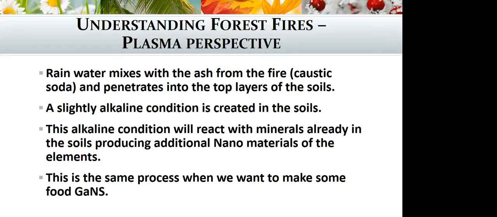This alkaline condition will react with minerals that are already in your soil, producing additional nanomaterials of your elements. This is the same process we use to make food GANSes: we have to create the nanomaterials before we can make a GANS of it. And this is what nature is doing here as well, creating the nanomaterials through the alkaline condition first.